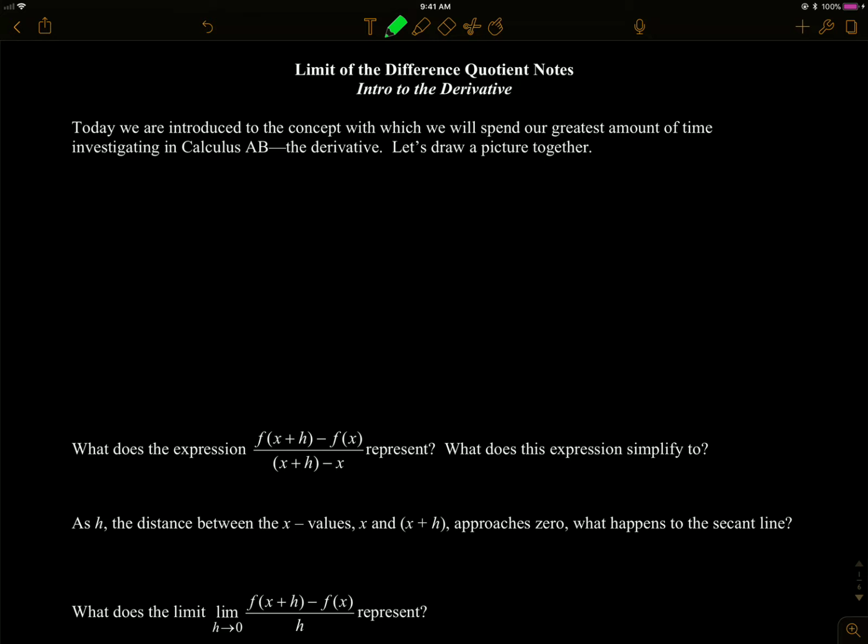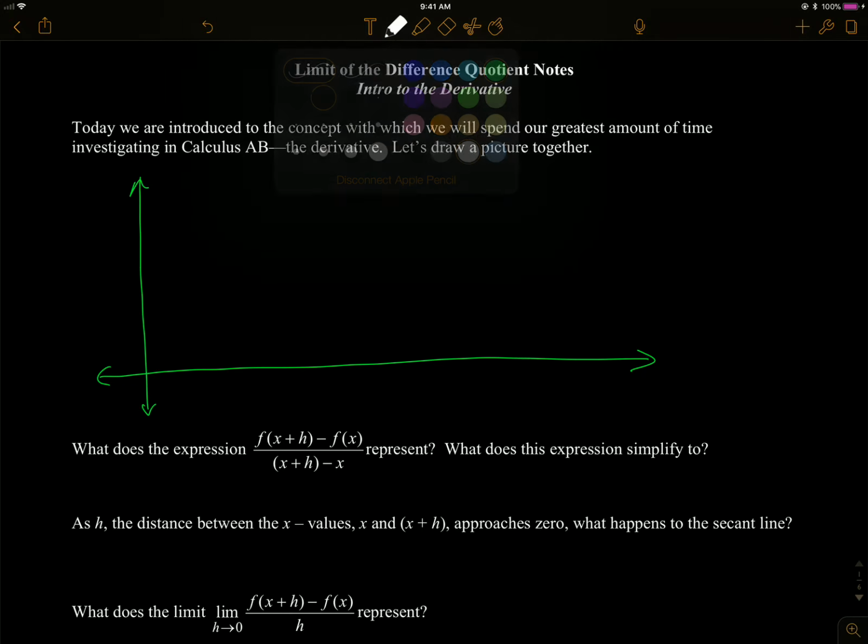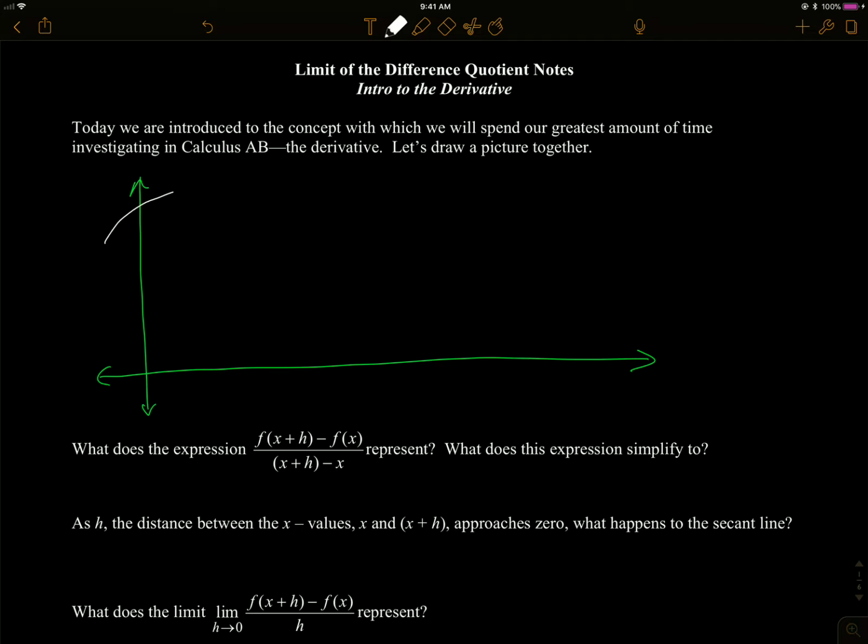So we're going to start with a picture. We're going to have a curve here, f of x. Maybe it looks like this. And we're speaking in generalities here.